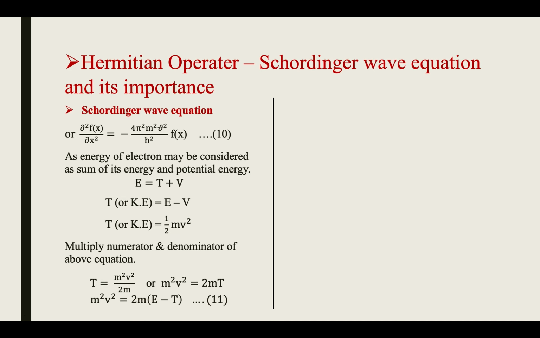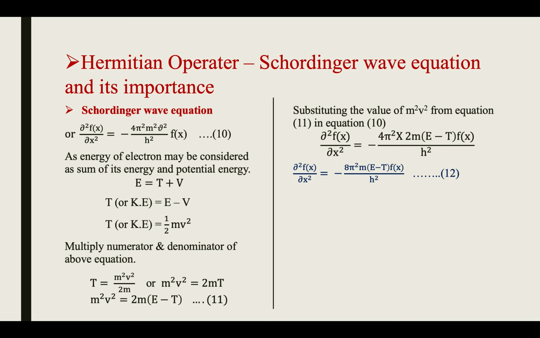So multiply numerator and denominator of the above equation by m, like T equal to m²v² divided by 2m. So you will get finally m²v² equal to 2mT. So m²v² equal to 2m in bracket; instead of T, you have to write E minus V. So you write 2m in bracket E minus V, that is equation number 11.